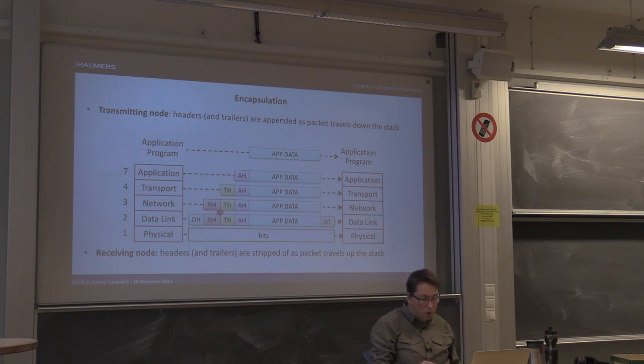The network layer looks at the network header, processes that, and if that's okay, pushes the data up. The transport layer looks at the transport header. If everything is okay, it strips it off and pushes it up. The application layer protocol looks at the application header. If everything is okay, it pushes up the application data.